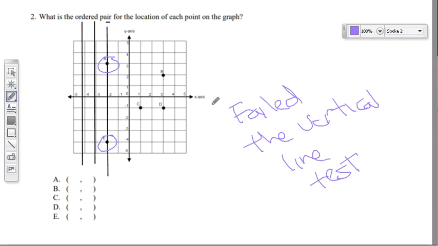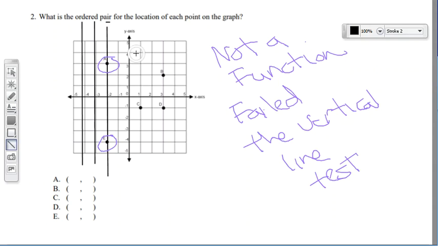And we just figured out that this relation is not a function. So if a relation is not a function, it's going to fail the vertical line test. That means that there will be at least one spot in the relation where you pass a vertical line through and it touches more than one point at a time. So here's another spot where this relation fails the vertical line test.